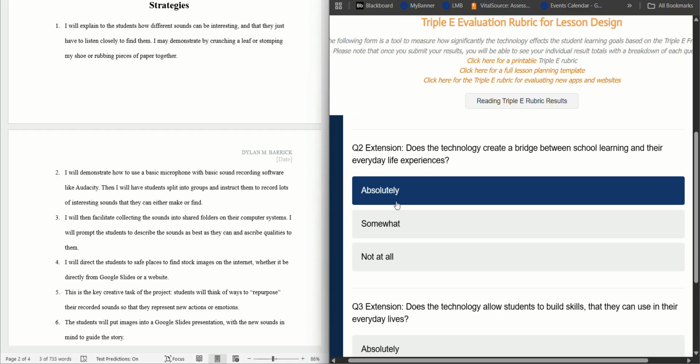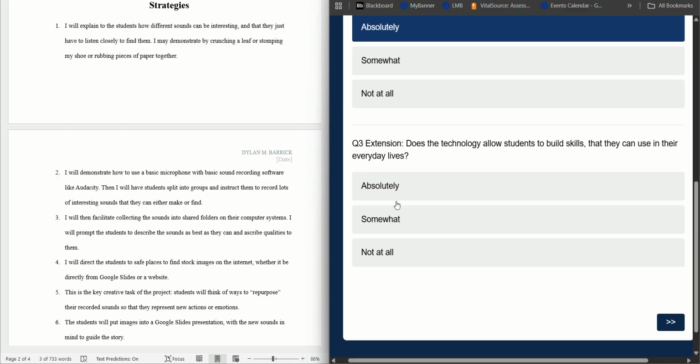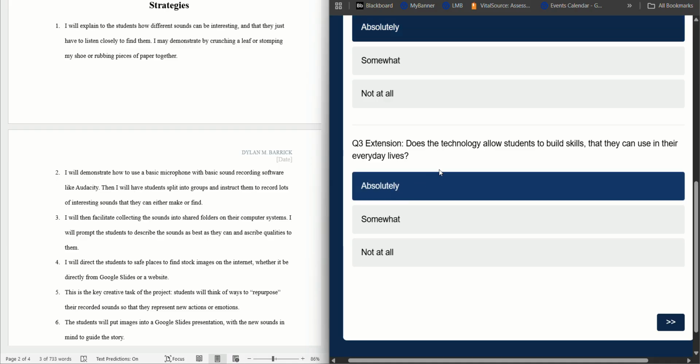is a great bridge. And lastly, Q3 extension, does technology allow students to build skills that they can use in their everyday lives? Absolutely. Even if the students will not be managing audio files and trying to arrange them in everyday life, I do believe that students will have to find resources on the internet in a safe way, which I'm training them to do via finding stock photos in a safe way.